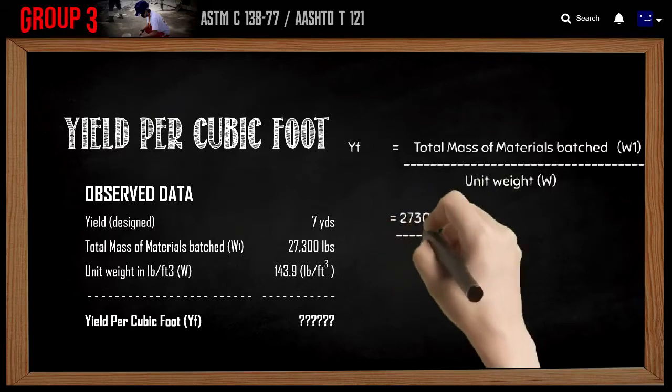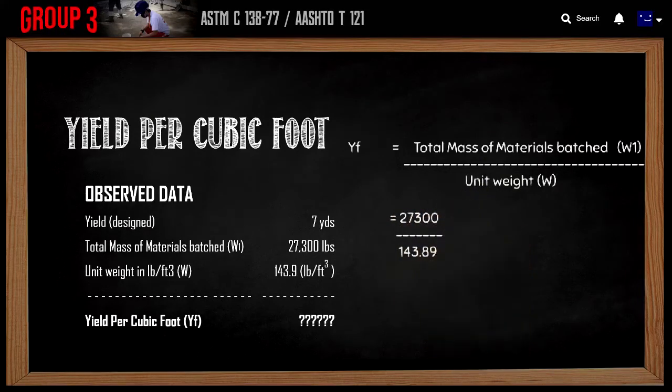Pounds eliminate pounds, leaving us only with cubic feet, and therefore we have 189.7 cubic feet in this truck.